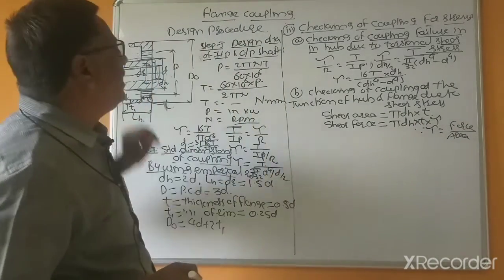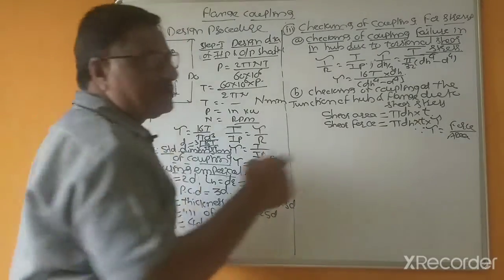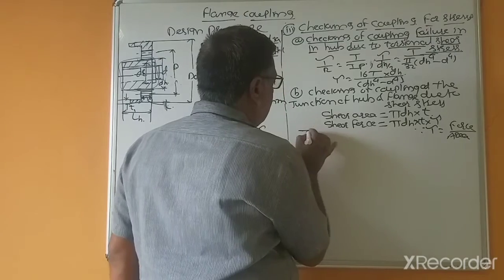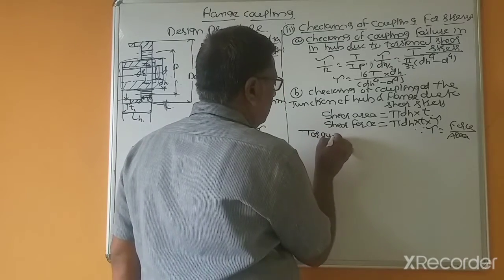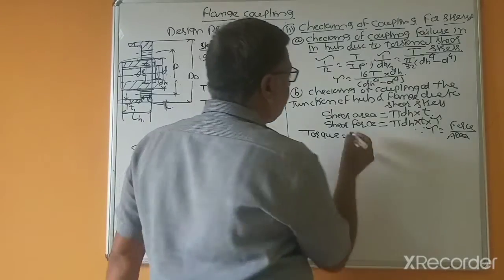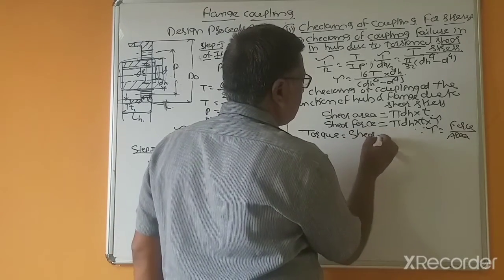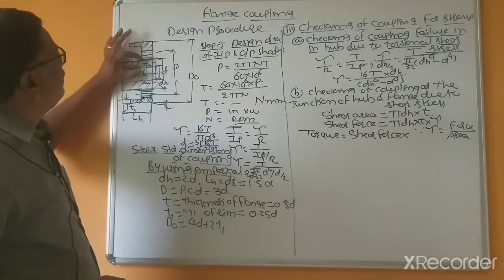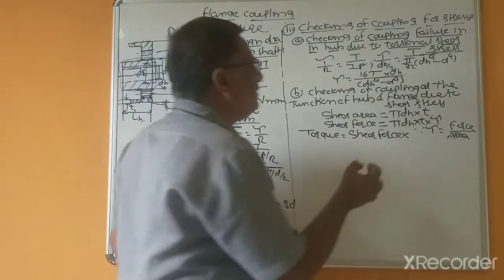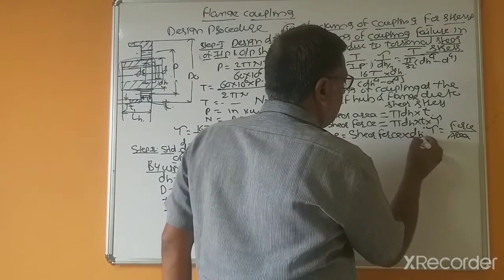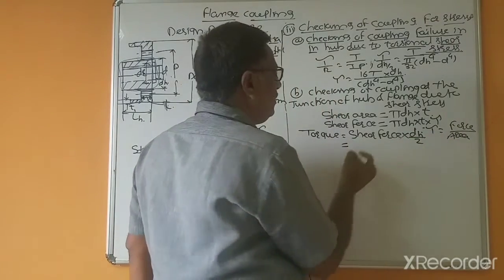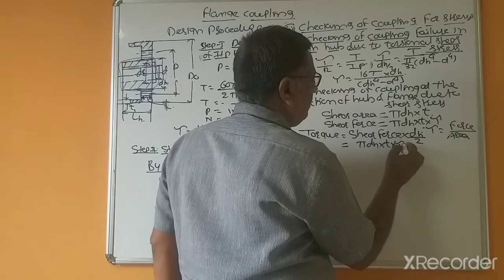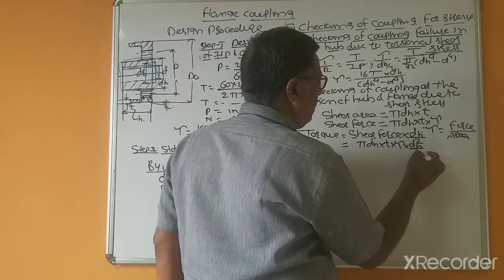And here at the junction, because the coupling transmits torque, we can use the basic formula: torque equal to shear force multiplied by distance, and this distance is dH divided by 2. Shear force equal to pi dH into t multiplied by tau, and this is dH divided by 2.